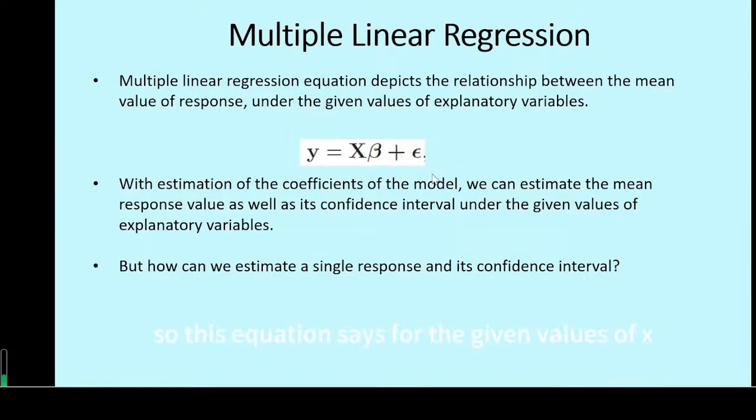So this equation says for the given values of x, or independent variables, the mean value of response is y. So after we have estimated the coefficients of beta, we can estimate the mean value of y and the confidence interval of the mean value of y. But how can we estimate a single response and its confidence interval of y, not the mean value?